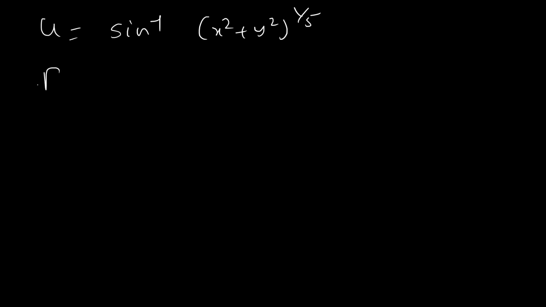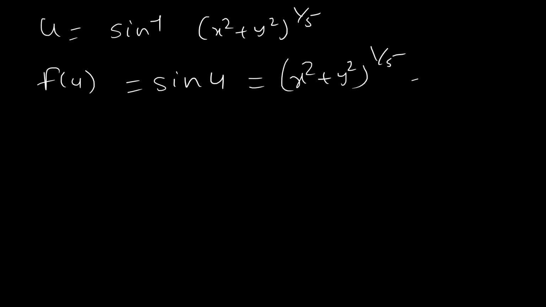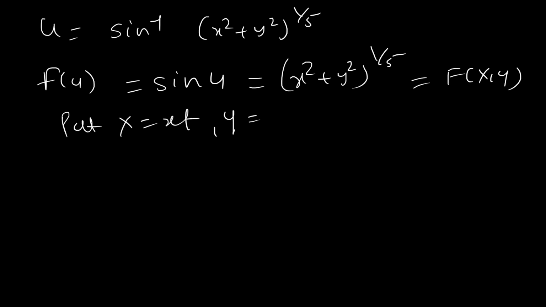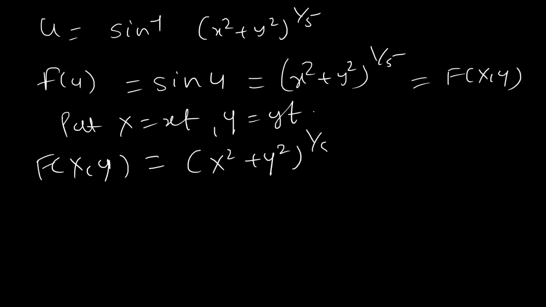So I can write this as f of u equals sine of u, which is (x square plus y square) to the power 1 by 5, which is our function f of x y. So this f of u is a homogeneous function. Let us check of what degree. By putting x equals xt, y equals yt, f of x y equals (x square plus y square) to the power 1 by 5 equals t raised to 2 by 5 times (x square plus y square) to the power 1 by 5.